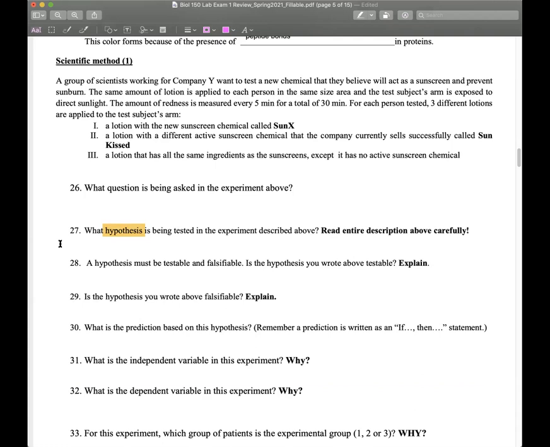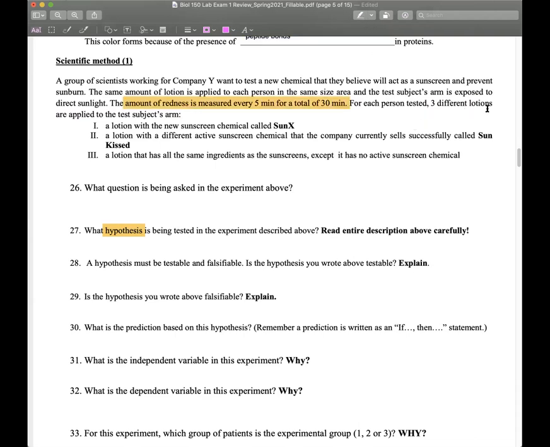So, okay, we have this fictitious company Y that wants to test a new chemical to act as a sunscreen. They're going to apply this lotion to various volunteers in a certain area on their arms, and then put them out in the sun and measure the amount of redness every 5 minutes for a total of 30 minutes.